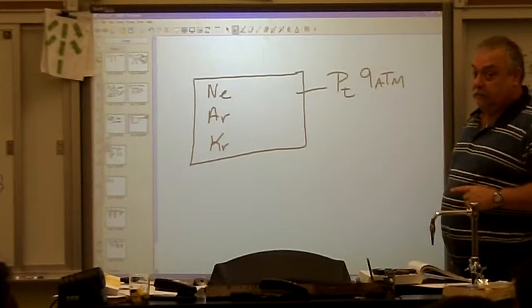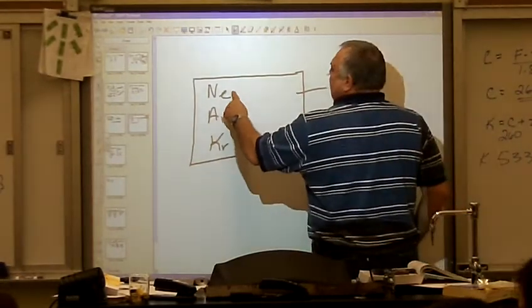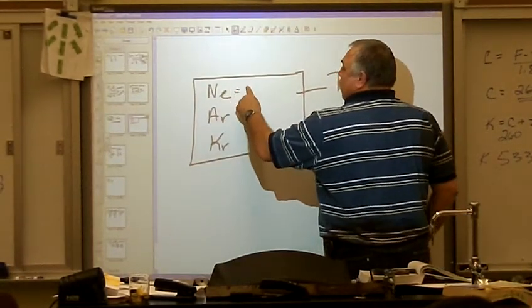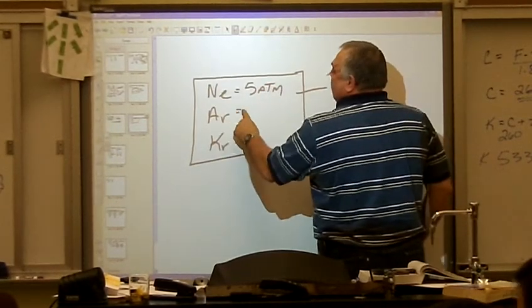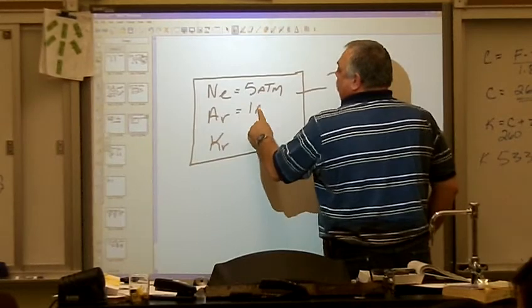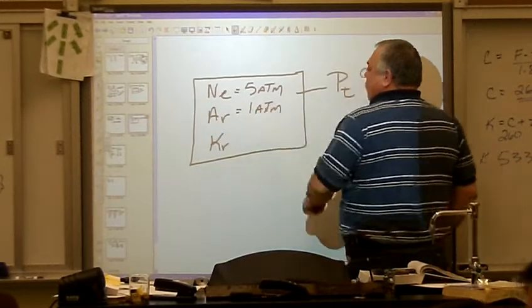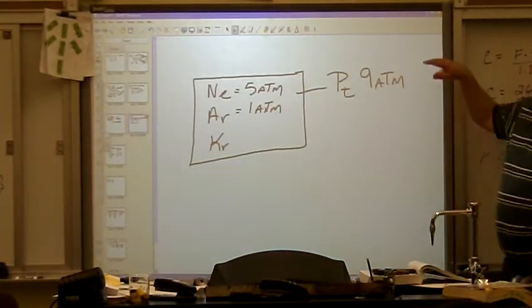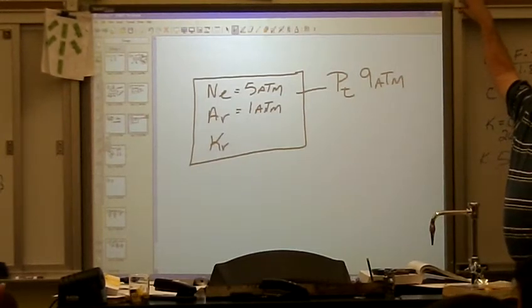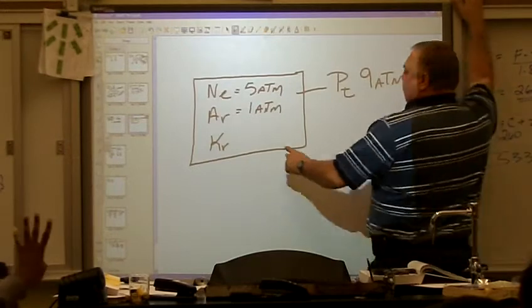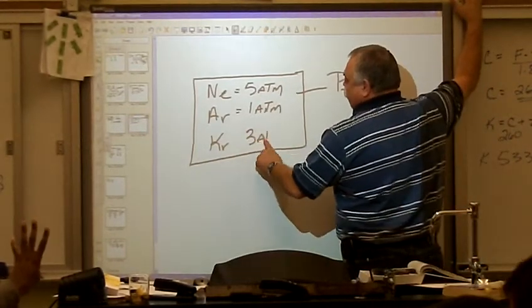The pressure caused by the neon gas is 5 atmospheres. The pressure caused by the argon is 1 atmosphere. What is the pressure caused by the krypton gas? In this case, it must be 3 atmospheres.